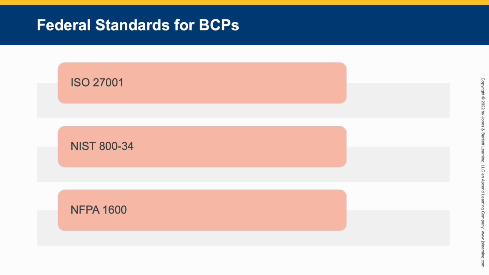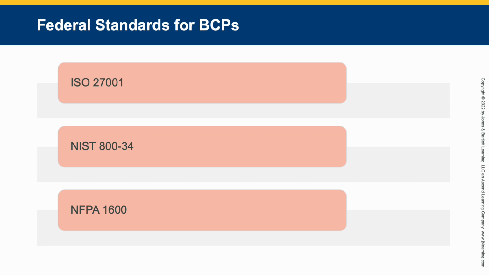Applying NIST 800-34 to the supply and logistics company use case that we are discussing in this lecture involves several key steps. First, the company would conduct a business impact analysis, BIA, to identify critical systems, processes, and dependencies, as well as the potential impact of disruptions.